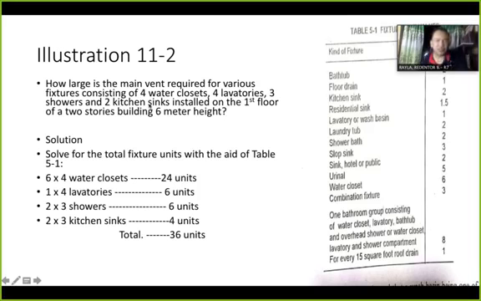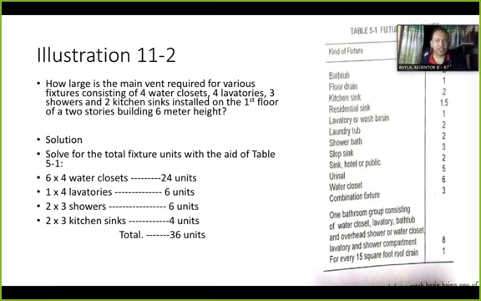2 stories, a 2 story building at 6 meter high. So you have four water closets. So why is this 6 times 4? On the first floor of a 2 story building, 6 meter high, there are four water closets, 2 stories.